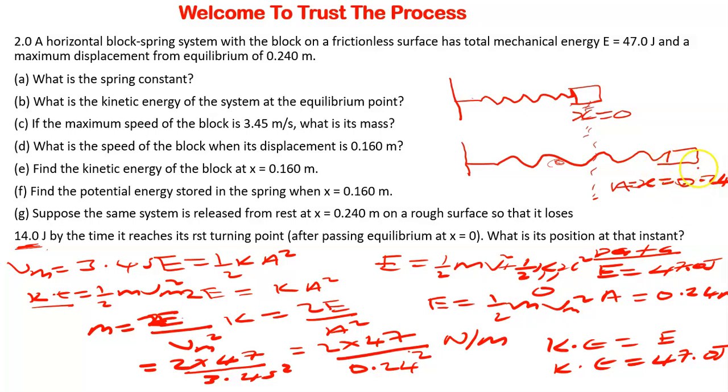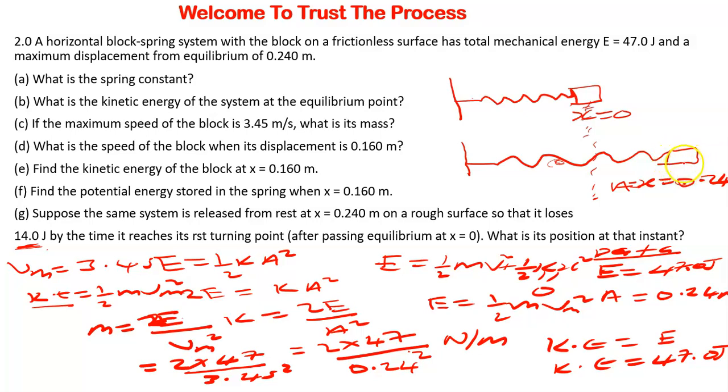Now, if this surface is smooth, we're expecting this object to go back to negative 0.24. But this time, they are saying that the surface is rough, hence some energy will be lost due to heat.